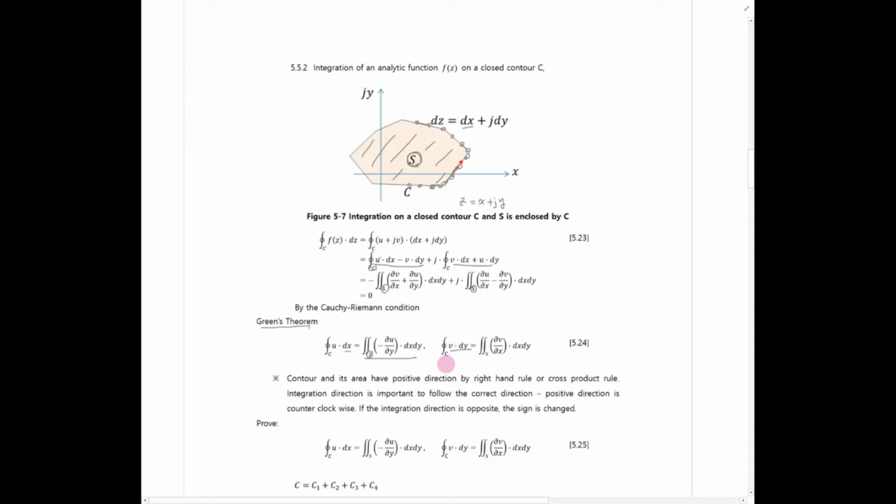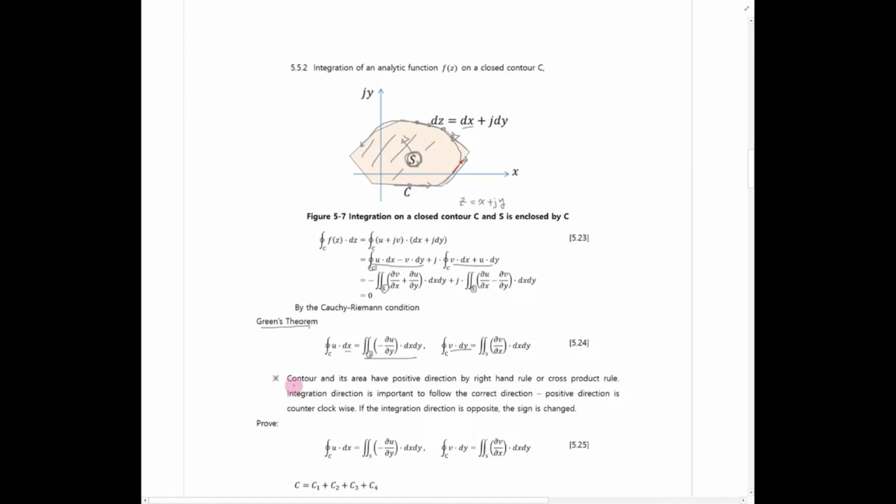Before proving this, I would like to mention that the contour integration always has a direction. The positive area means this one. If the contour integration is taken in the counterclockwise direction, then this area is in the positive direction. This seems like the right-handed rule. If we turn the fingers of the right hand along the contour, the thumb direction corresponds to the area direction.